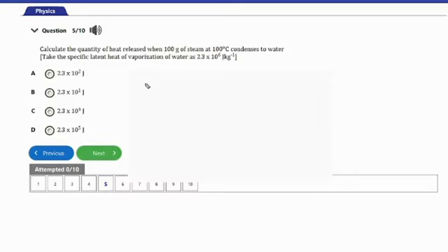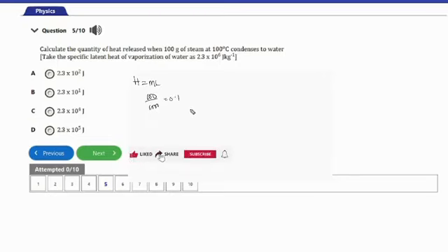So guys, here, in order to solve this, you're going to use H is equal to ml. The mass here is 100 grams, and since our specific latent heat of vaporization here is in joule per kilogram, we're going to convert this 100 grams to kilograms. That's 0.1 kg.